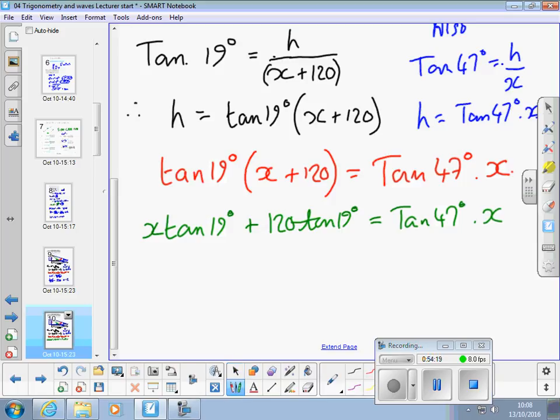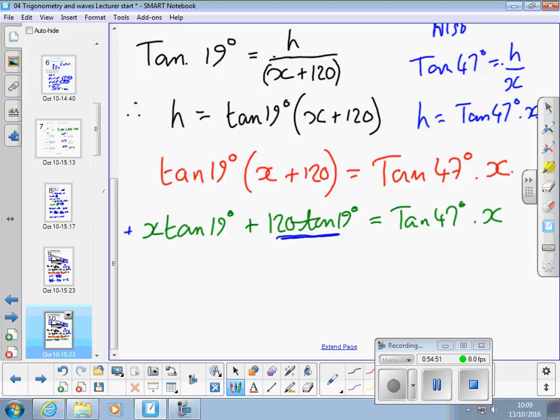This bit is just a number. That bit involves x. So if we leave that bit that side, how can we get the bit involving x over to the other side? How's it attached to this side? Got a plus in front of it, isn't it? You've got to subtract it.